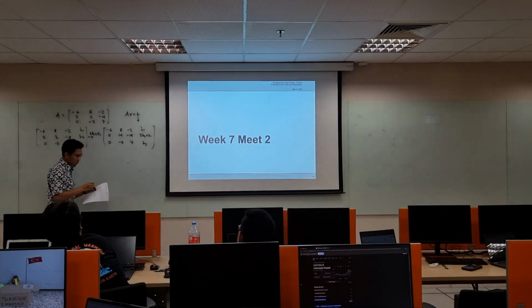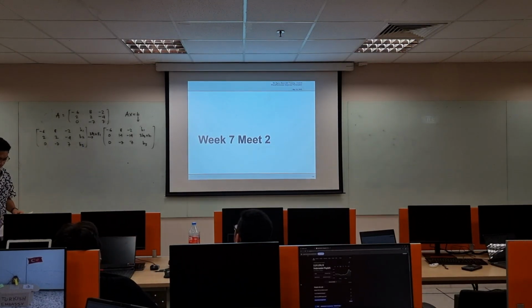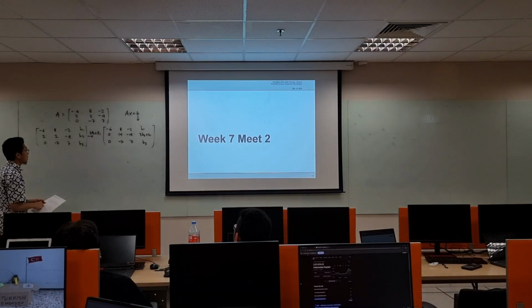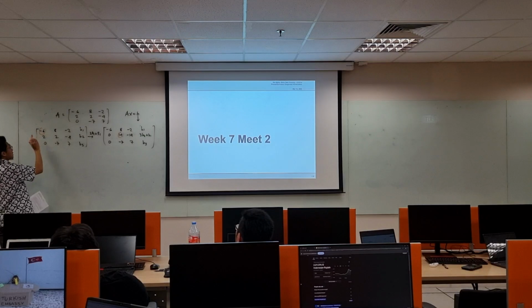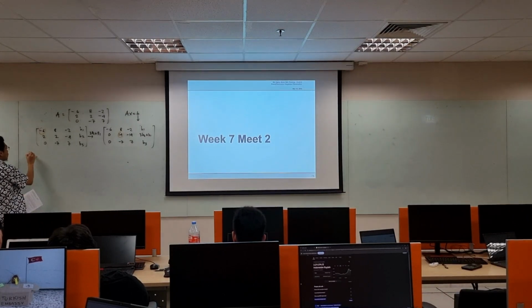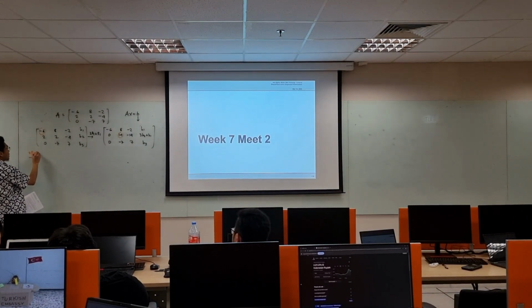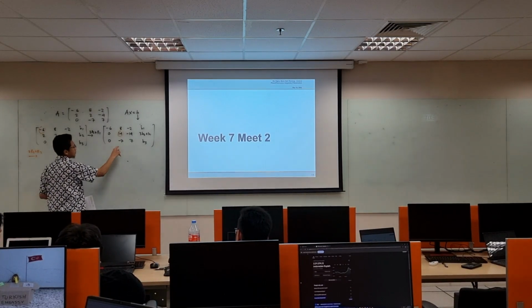I will note down the pivot. The pivot becomes 14. In this case, minus 6 is the pivot. So we do 2 times R3 plus R2. Then we can eliminate the third row.